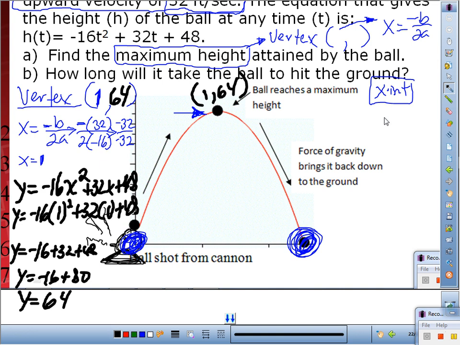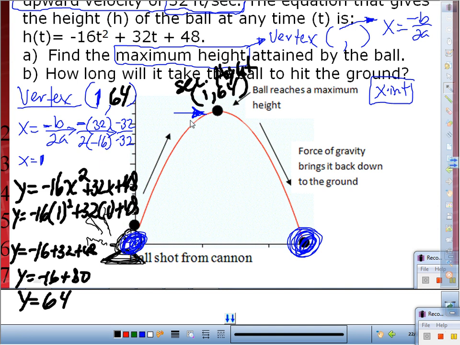Destiny, enlighten us. In 1 second, the ball goes 64 feet high. That is correct.